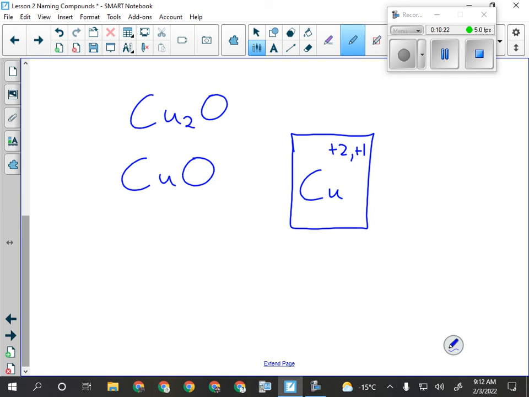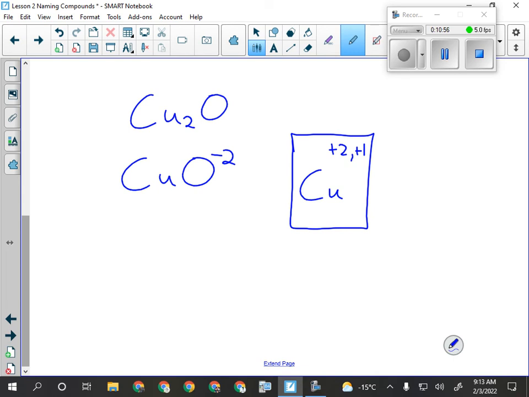So if I'm looking at this compound right here, I need to figure out which charge copper has. Now, what charge does oxygen have? -2. Yeah. We always look at the non-metal. There are no non-metals that have more than one possible charge. All non-metals have only one possible charge. So this oxygen has a charge of -2. Now, in an ionic compound, all the charges are supposed to balance out, right?